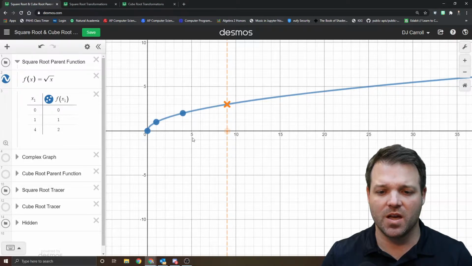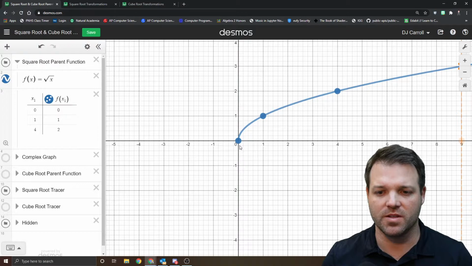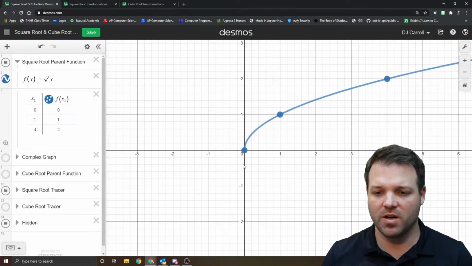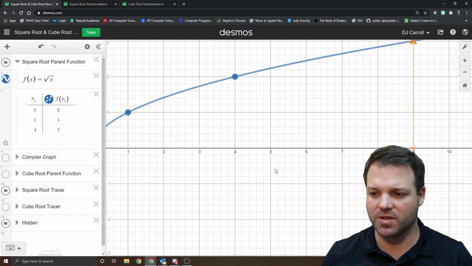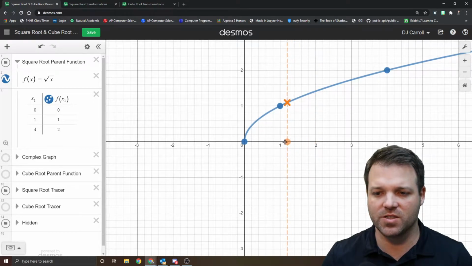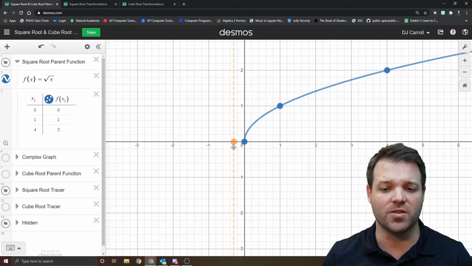Okay. Now, you might be asking yourself, well, what about the area to the left? Let's zoom back in here. What about all of this area to the left? Let me get this slider back over here. Okay, there we go. So if I scroll to the left, then for any x that is negative, notice we do not have any values.